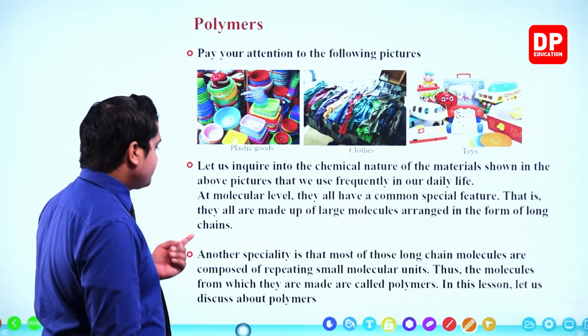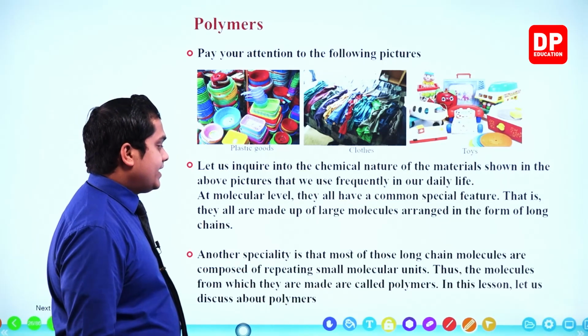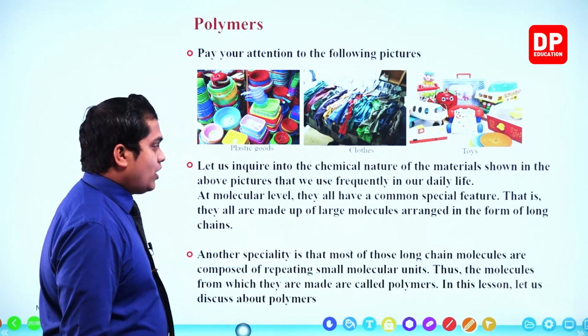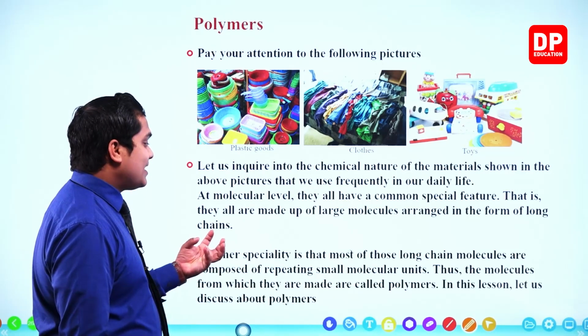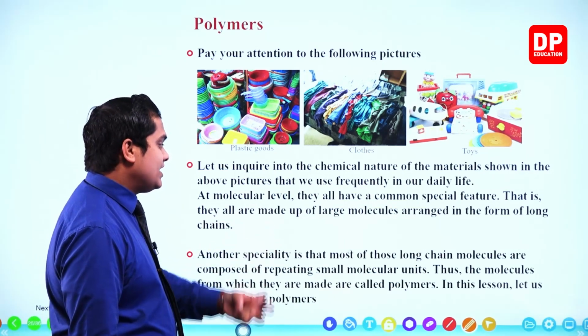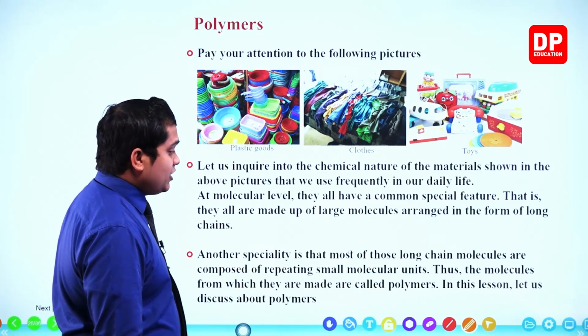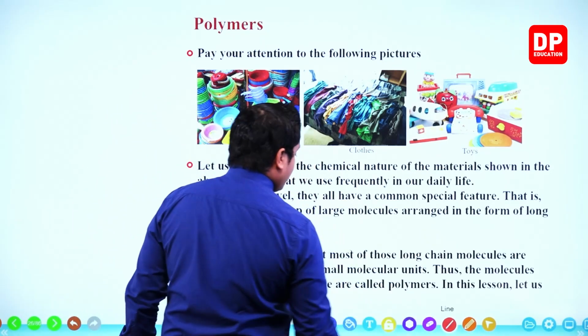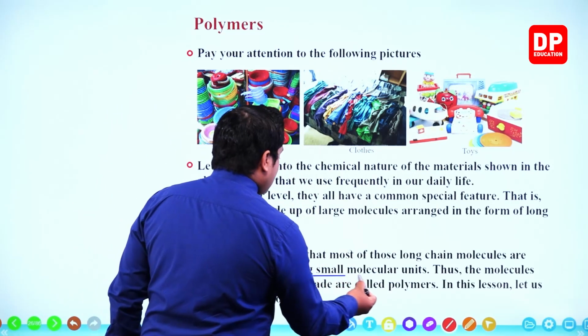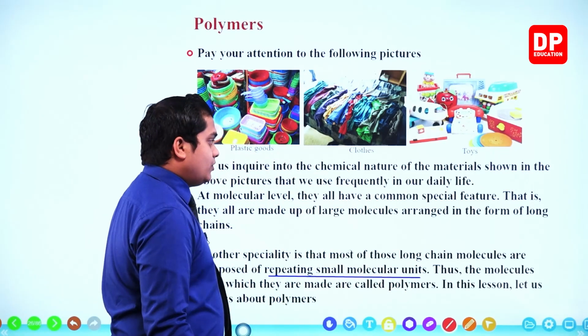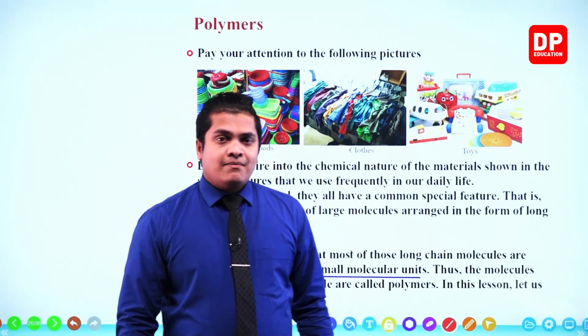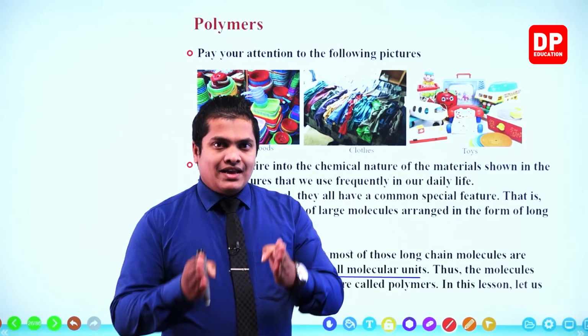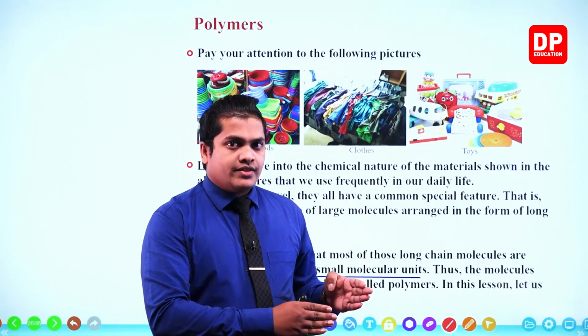Another specialty here is that most of these long chain molecules are composed of repeating smaller molecular units. Repeating units. That means, my dear children, when you take these larger polymers, they are made by repeating a certain unit together.